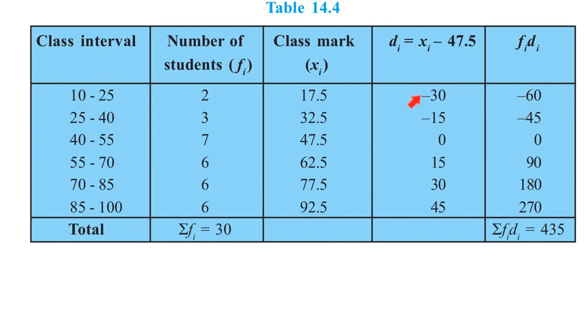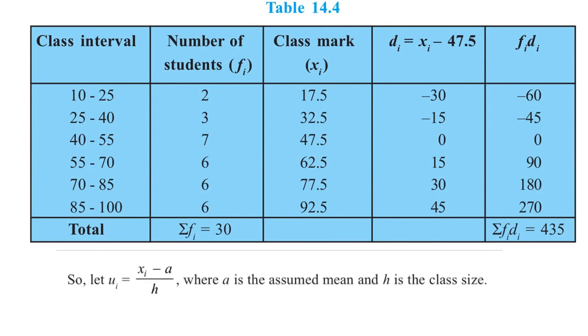Since all the numbers in the D column are divisible by 15, and 15 happens to be the class interval, we can reduce the size of the numbers by dividing di, that is x minus a, by the class interval h.